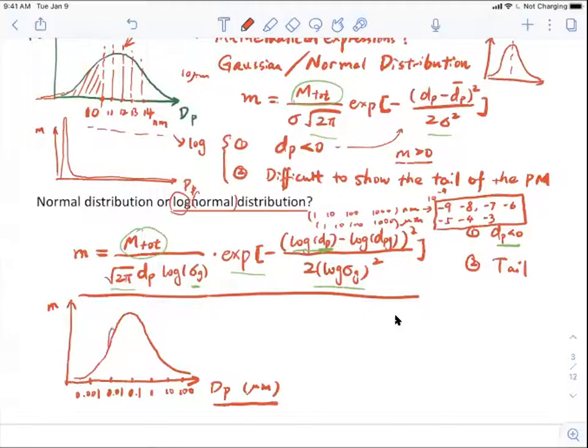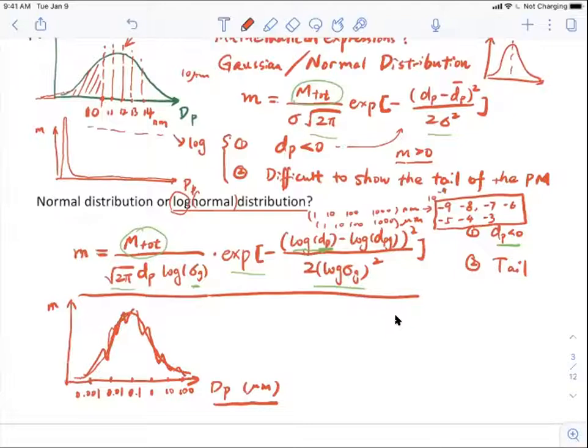There may be something that's off, let's say 10% off at certain sizes, and you might not have this very continuous form, but in general, if you do the average or the smoothing, you can find that they generally agree with the log normal size distribution.